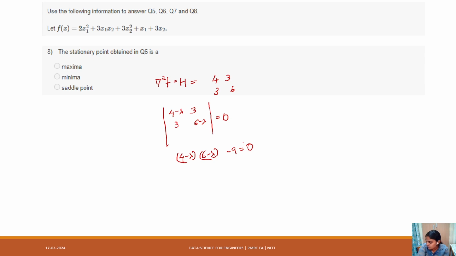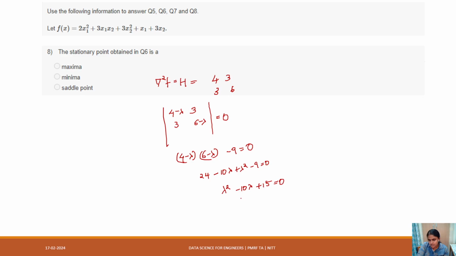So solving for this, it will be 24 minus 10 lambda plus lambda square minus 9 equal to 0. So you have to solve for lambda square minus 10 lambda plus 15 equal to 0.